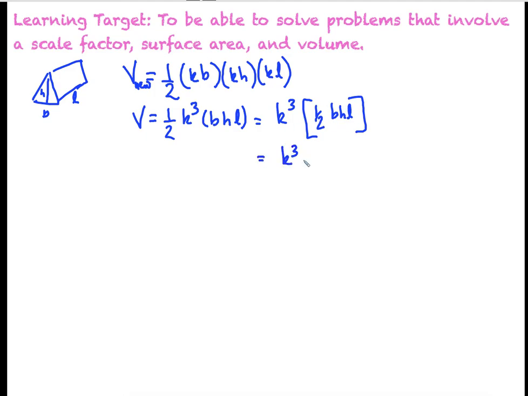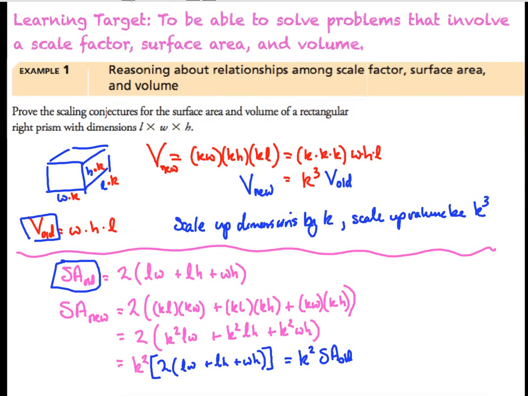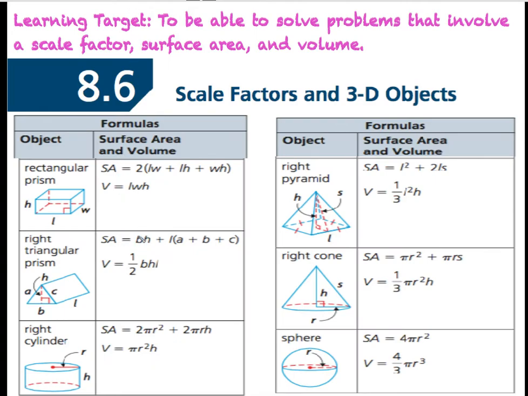So really I've got a factor of K cubed coming out versus the volume of my old solid. Now the surface area formula is a little more involved here. Surface area is base times height plus the length times A plus B plus C, where A, B, and C are the sides of that triangle.